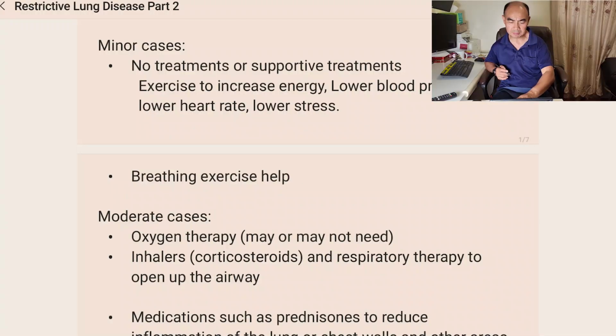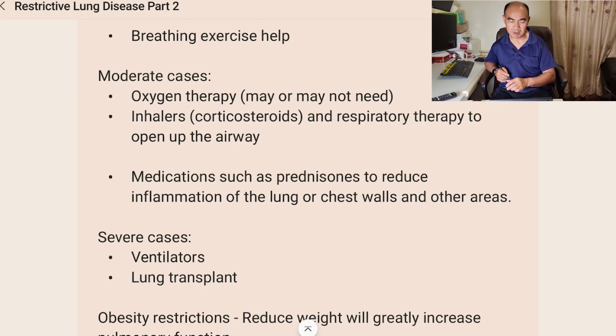In moderate cases, they will give you corticosteroids to help expand the lung, as well as inhalers. A lot of the inhalers also have steroids inside, and it really helps expand the lungs so you can breathe better.